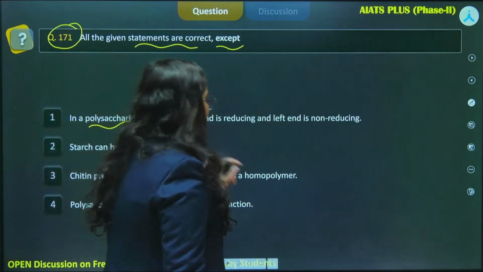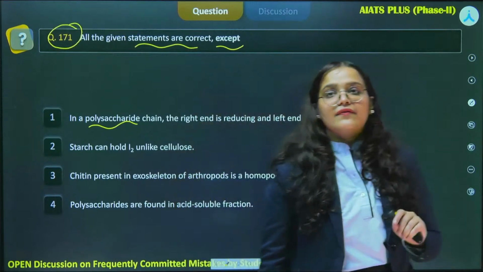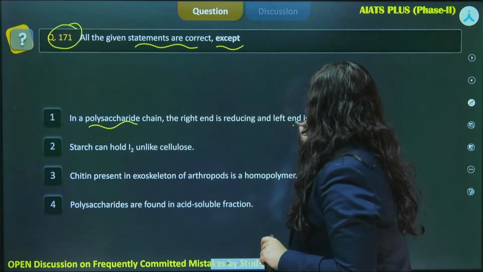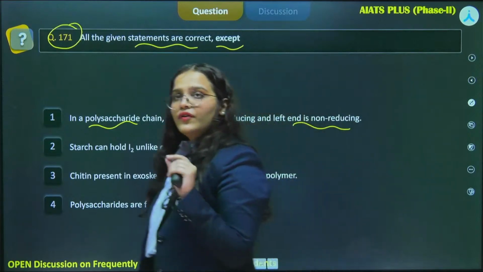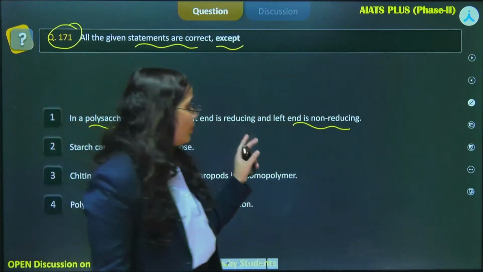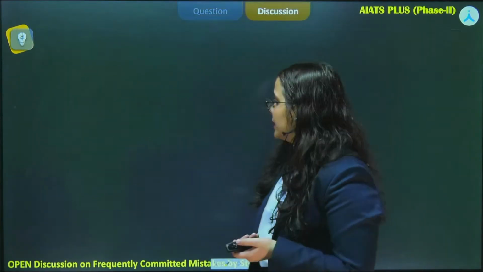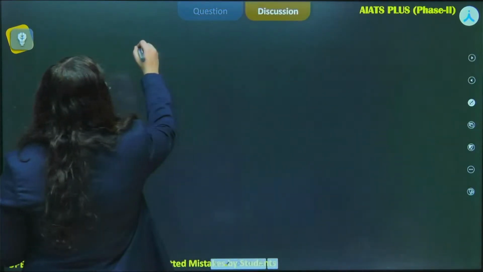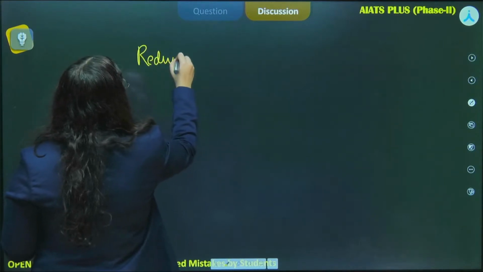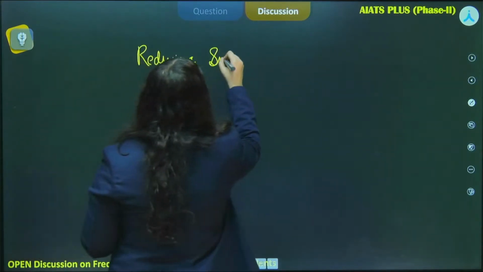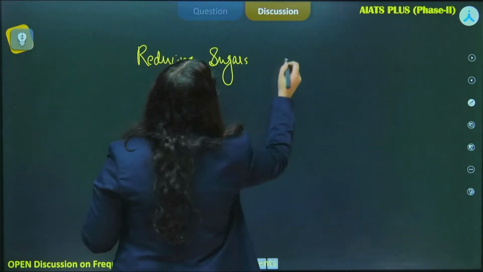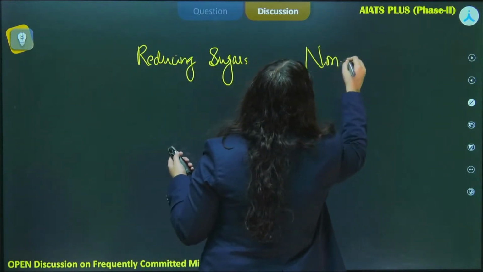the right end is the reducing end and the left end is the non-reducing end. Now, first of all, to understand what is reducing and non-reducing end, let us talk about the concept of reducing sugars and non-reducing sugars.